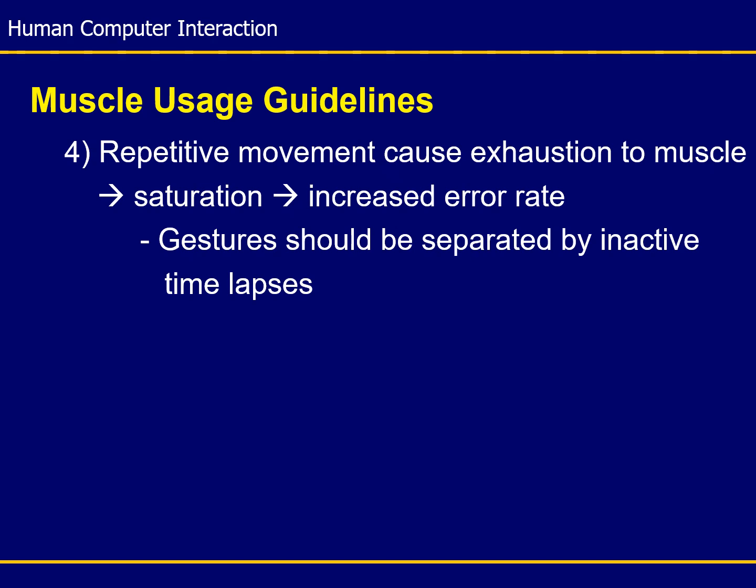So what this tells you is that when you design a set of gestures to interact with a system, you should separate them by time lapses where you're not doing the gesture, okay. And by the way, for your information, the status of computer vision has advanced to the point that there is nothing preventing a company like Microsoft or Google from designing an interface that is completely made up or supported by using gestures.